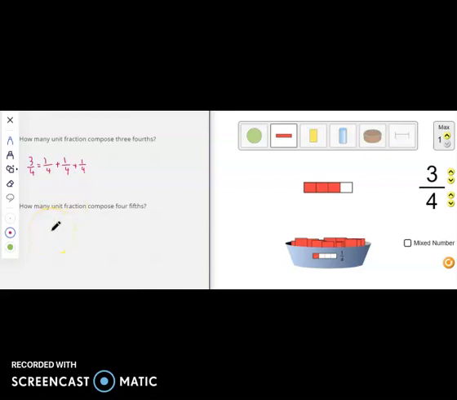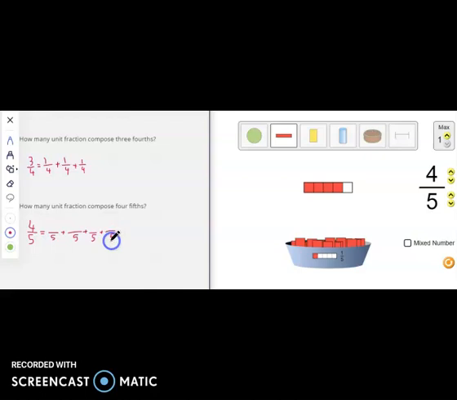Okay, how many unit fractions compose 4/5? 4/5 means 4 up and 5 down. We write 4 over 5 equals, I write the 5 how many times? Yes, 4 times: 5 plus 5 plus 5 and 5.